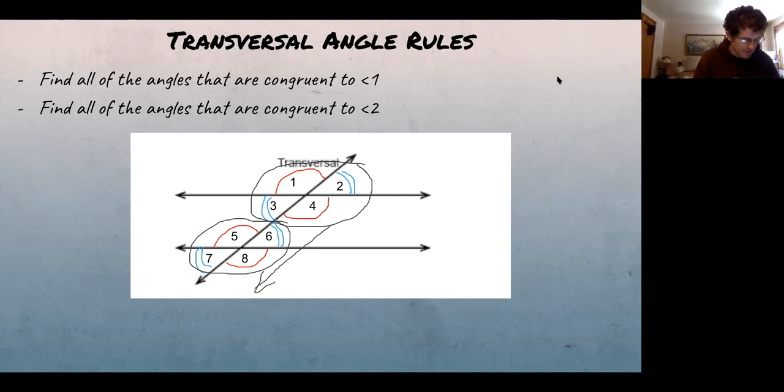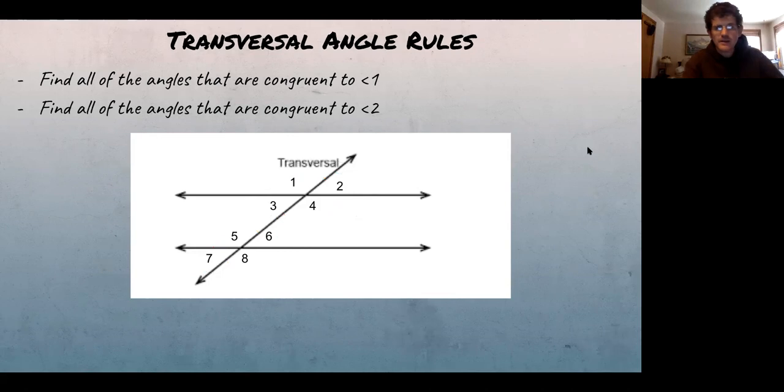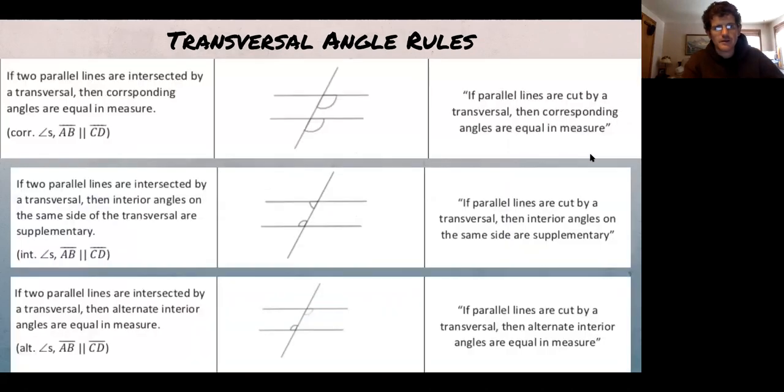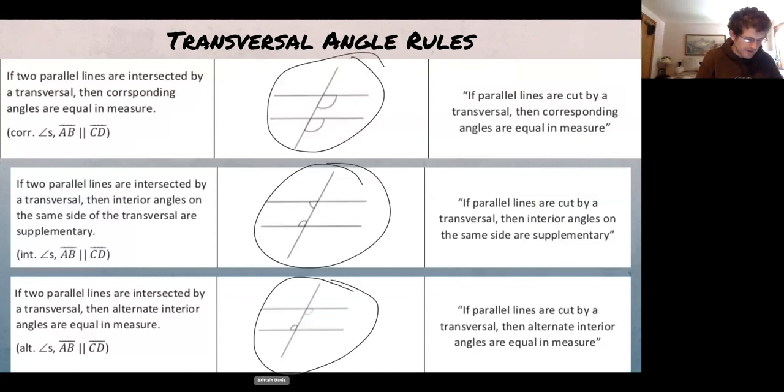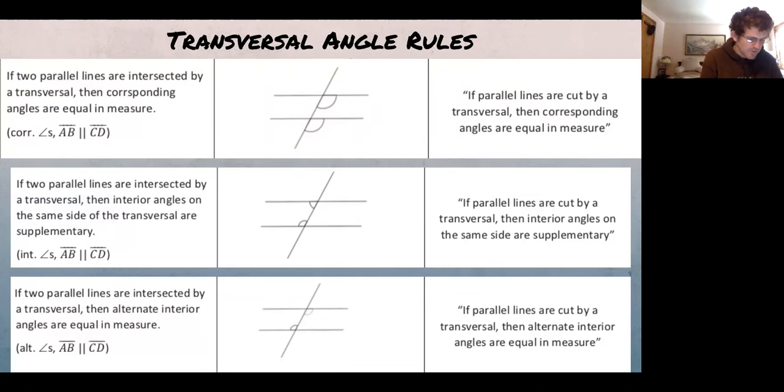All right, I'm going to move ahead now, and we're going to talk about the actual rules that we have. And you can see it's the same diagram more or less for each one of these, but we have different angles highlighted. So in the first example here, we've got what are called corresponding angles. And I'll explain why we call them corresponding angles.